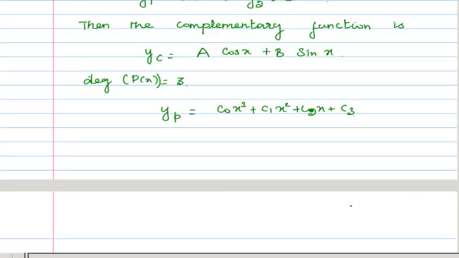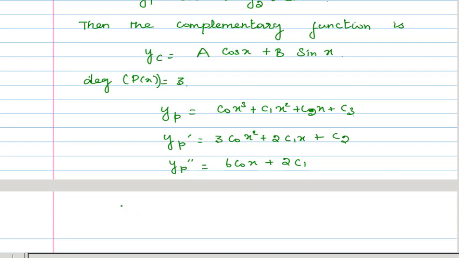Then yp prime is 3 times c0 x square plus 2 times c1 x plus c2, and yp double prime equals 6 times c0 x plus 2 times c1.